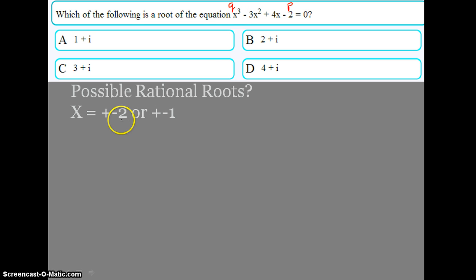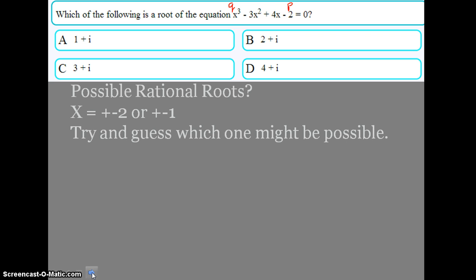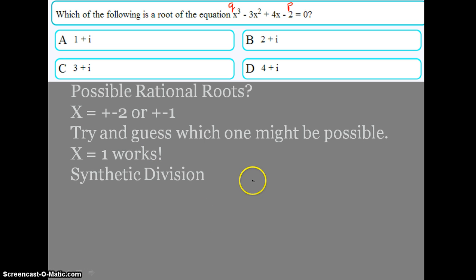So we either could have a root of plus or minus 2 over 1 or plus or minus 1 over 1. Now I'm going to guess which one might be possible. And if I plug in 1 and cube it, and plug it in there and there, I end up getting a 0 out of that. So now we're going to synthetically divide like we did in the day 5 notes and figure out what we get when we do that.